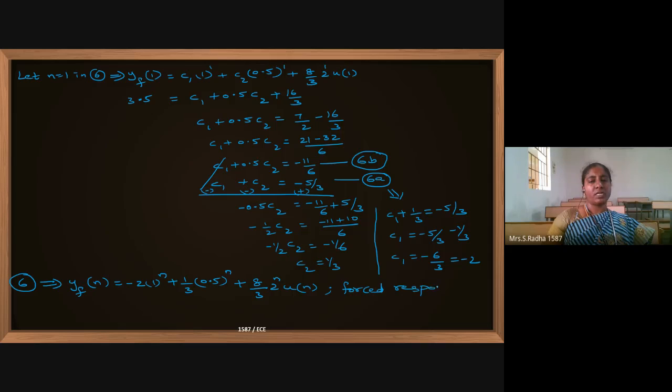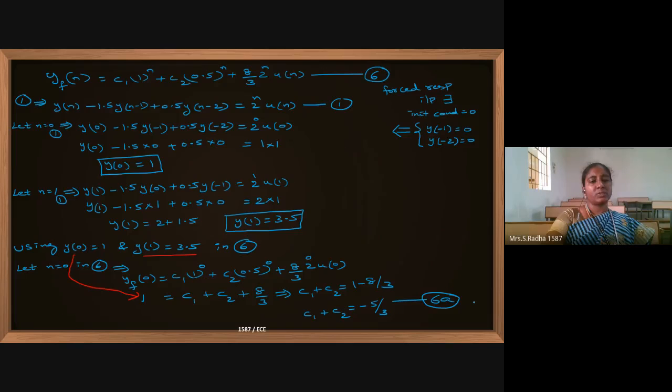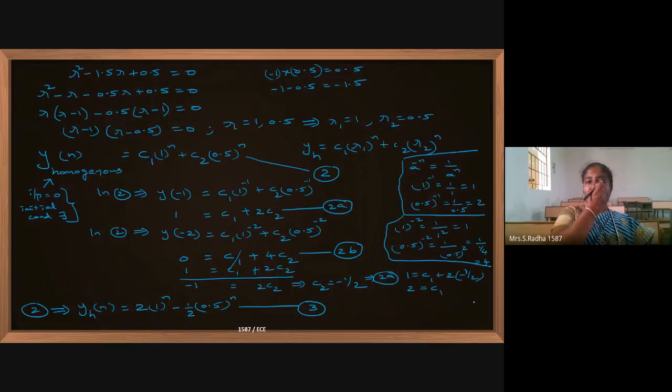So if we want the total response, what do we have to do? Total response equals natural response plus forced response. I am making it equation 7. This is the total response, equation 7. Natural response we have in equation 3, after finding C1, C2 values: 2 into 1 power n, minus half into 0.5 whole power n.